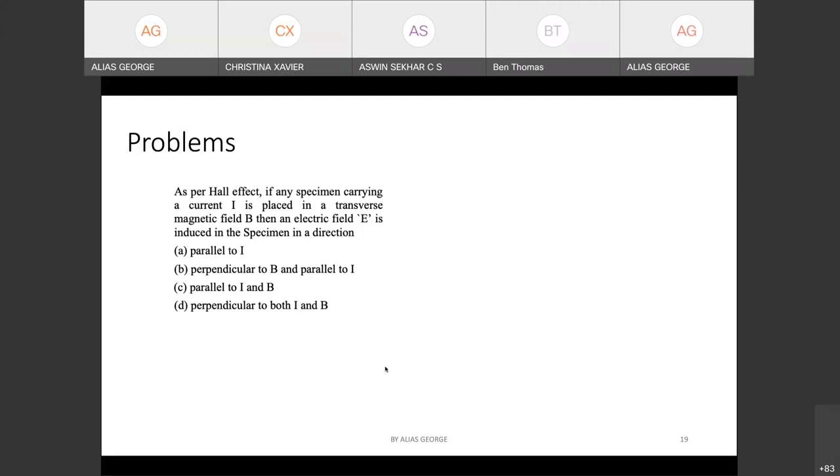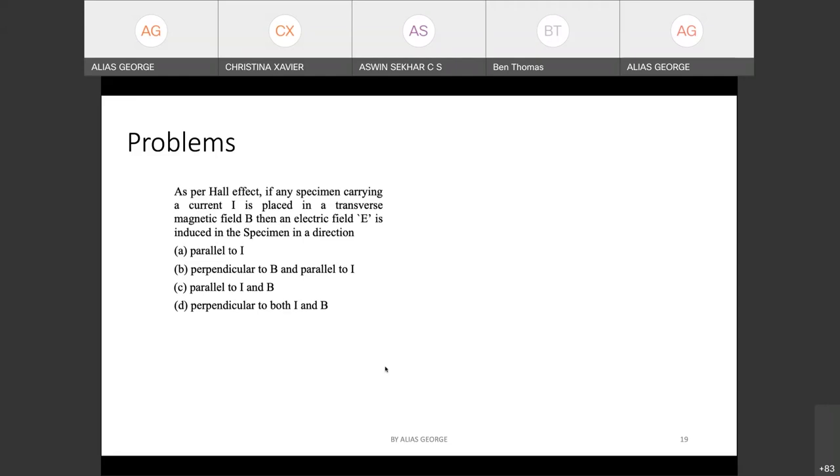Please remember the derivation: I applied current in the x direction and magnetic field in the y direction. Where does the Hall voltage, or induced electric field, appear?